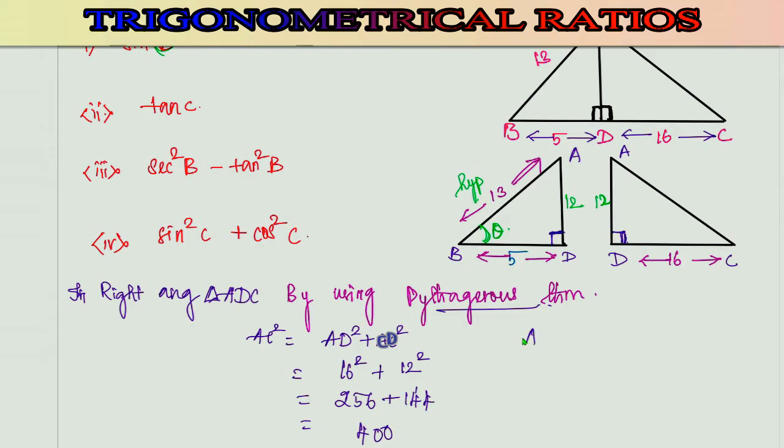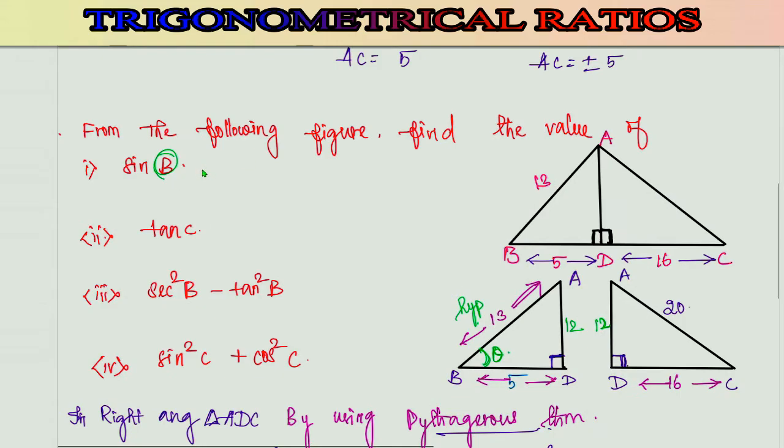So AC square is equal to 400. AC is equal to plus or minus root 400. Now we got AC is equal to 20. So we got the hypotenuse side value as 20.